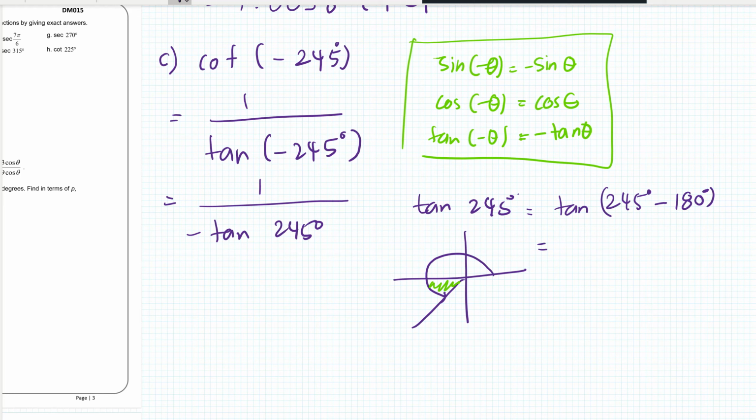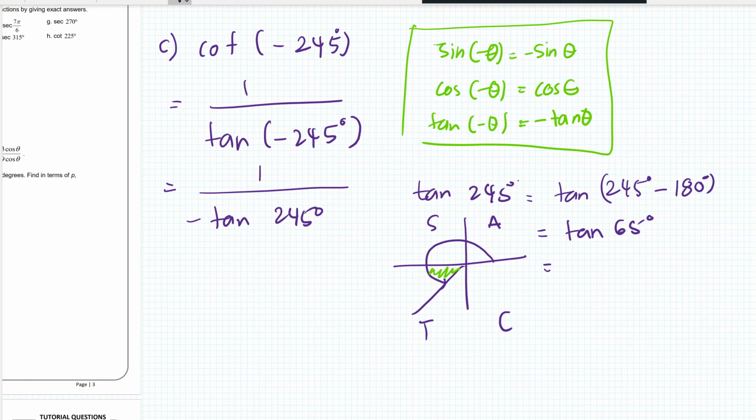Then we need to check our sign. We have add sugar to coffee, so tangent is positive, and you don't have to add a negative. If we calculate using a calculator, tangent 65 is equal to 2.144506921.